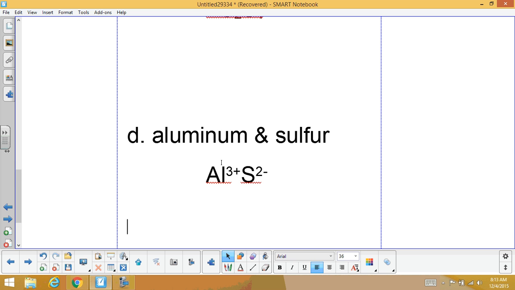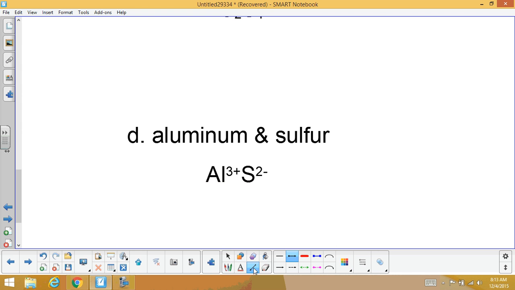D is aluminum and sulfur. Aluminum has a 3 plus charge. Sulfur has a 2 minus charge. 3 gets crossed over. 2 gets crossed over. The charges drop.